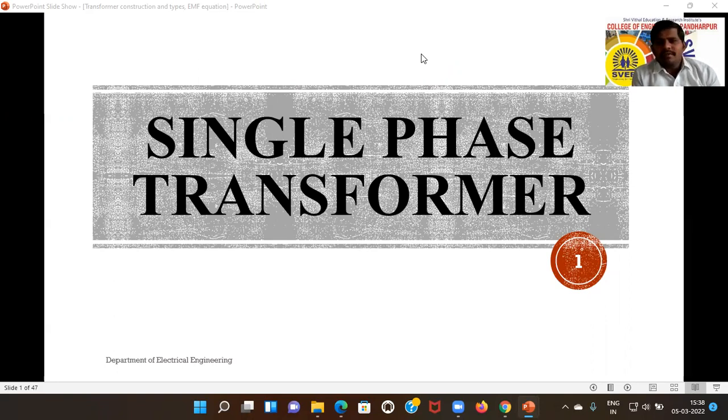Unit number 4, the first unit of section second, is the single phase transformer, and unit number 5 is the 3-phase transformer. These 2 units will be included in section second.